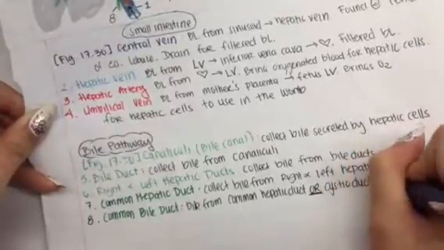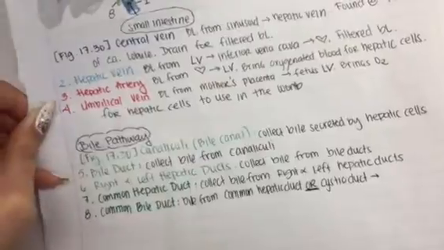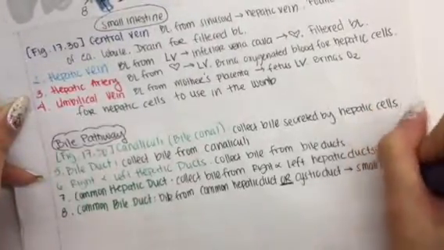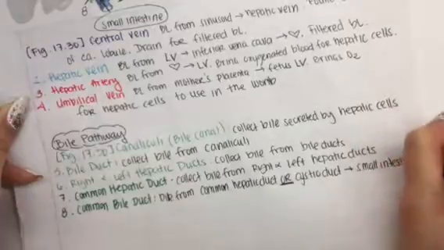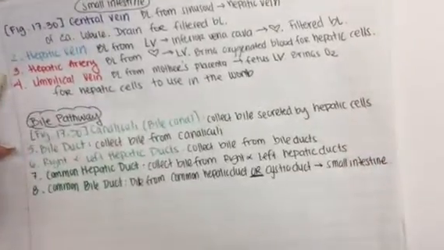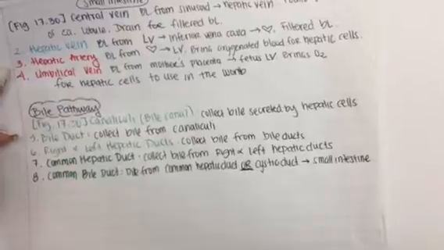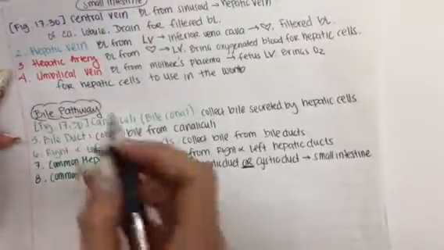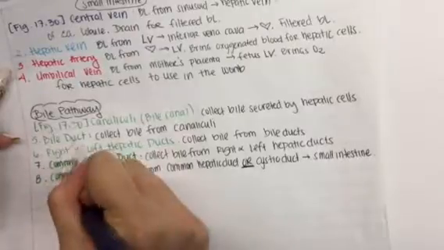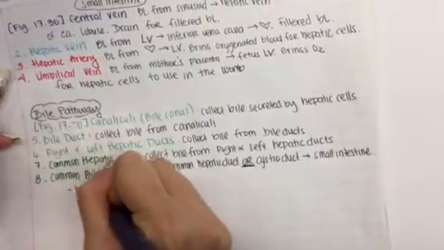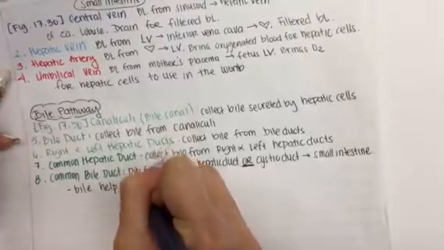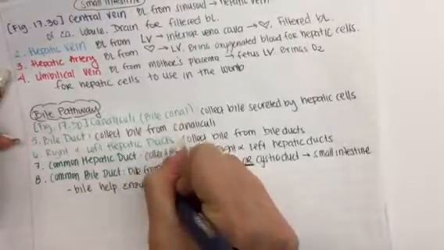And the bile will go from the common hepatic duct or cystic duct to the small intestine. Once the bile makes its way to the small intestine, the function of the bile is to help enzymes break down lipids.